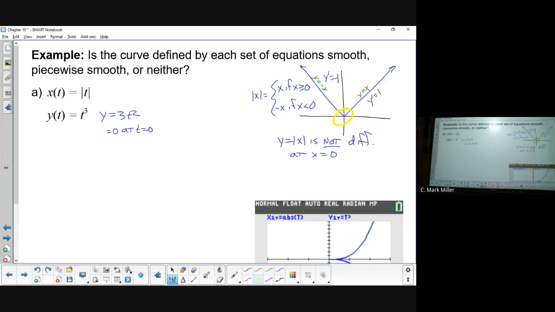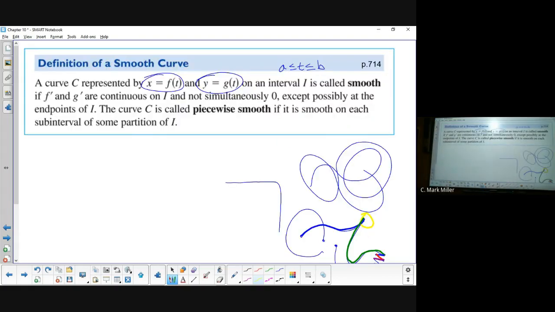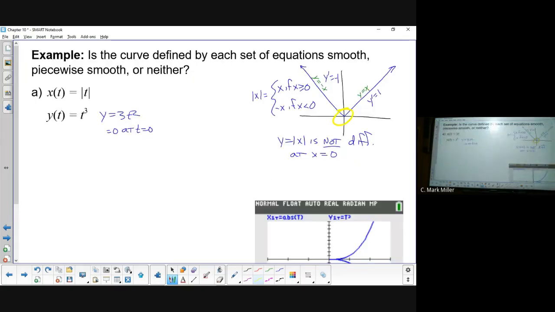Okay. And so back over here, f prime and g prime are continuous on I. We have to say here, x prime of t is discontinuous at t equals 0. So we have a problem at 0.